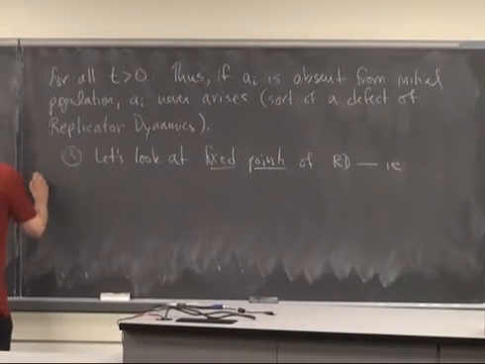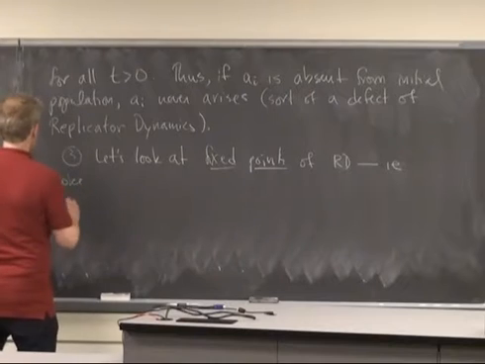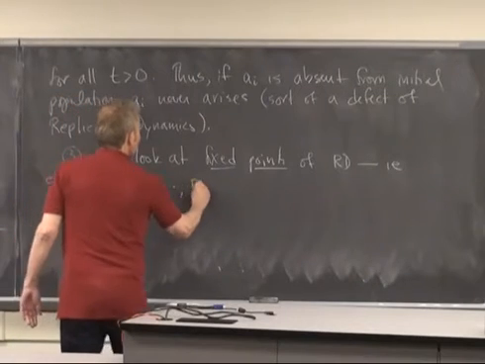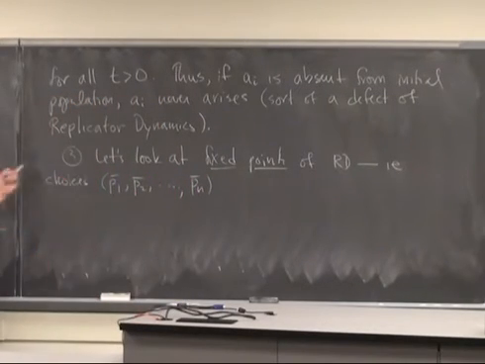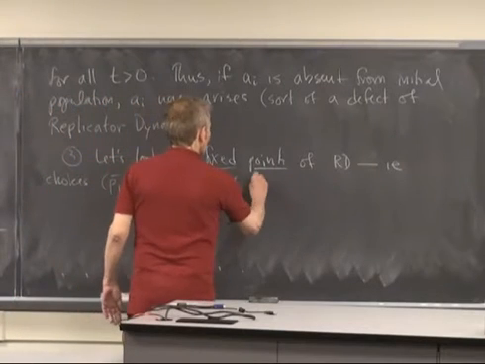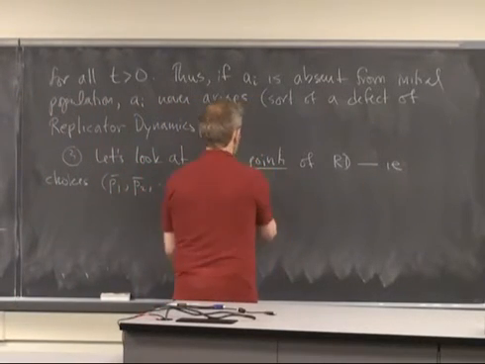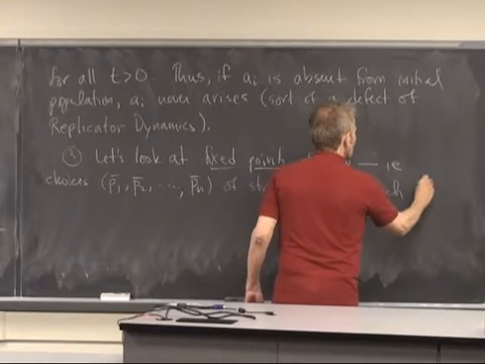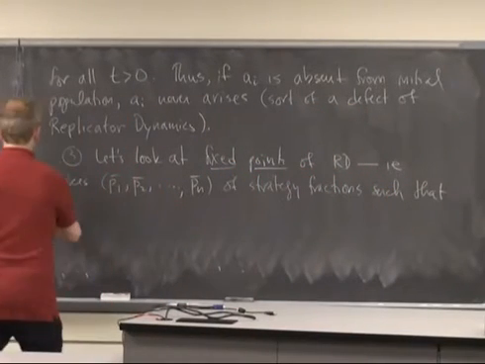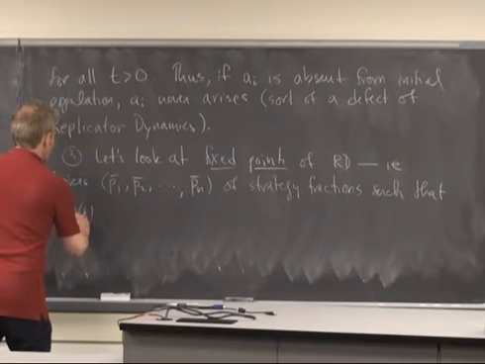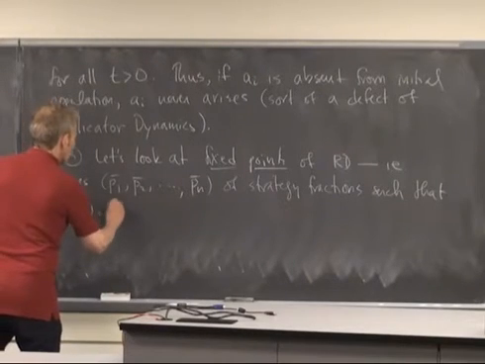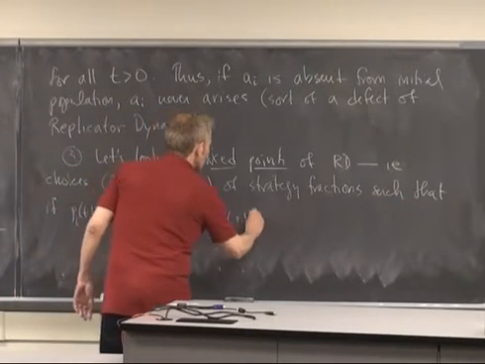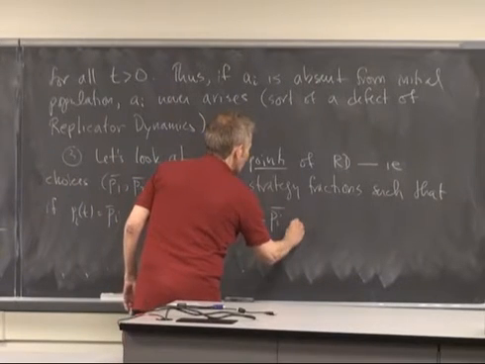That is to say, a choice, or choices, because I said fixed points, p1 bar, p2 bar, dot, dot, dot, pn bar of player fractions, or strategy fractions, such that if p of t is equal to this p bar, so pi of t equals pi bar for all i, pi of t plus 1 is also equal to pi bar for all i.